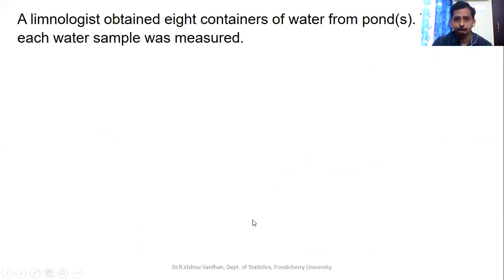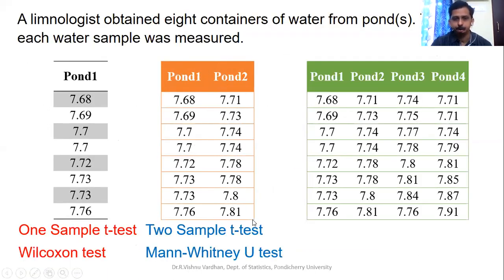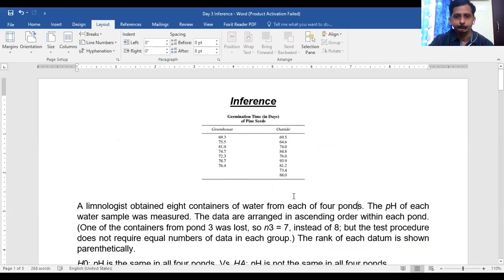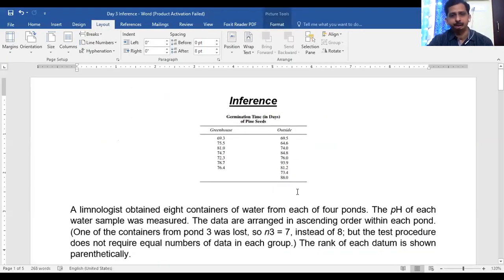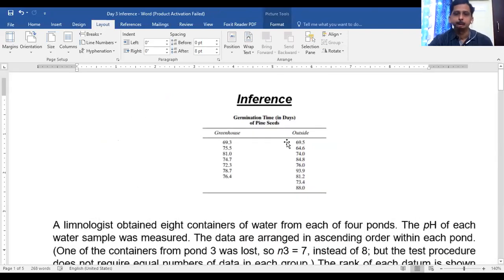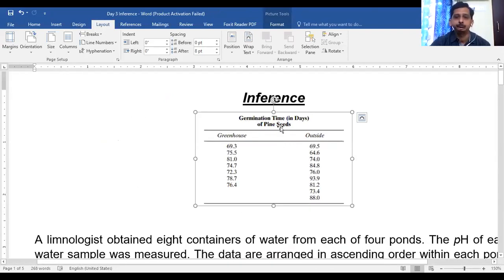Now this is what we have seen. I'll do one thing: now we'll switch over to the coding part slowly. I have taken one more example: the time taken for germination of pine seeds, in a greenhouse kind of production and outside.